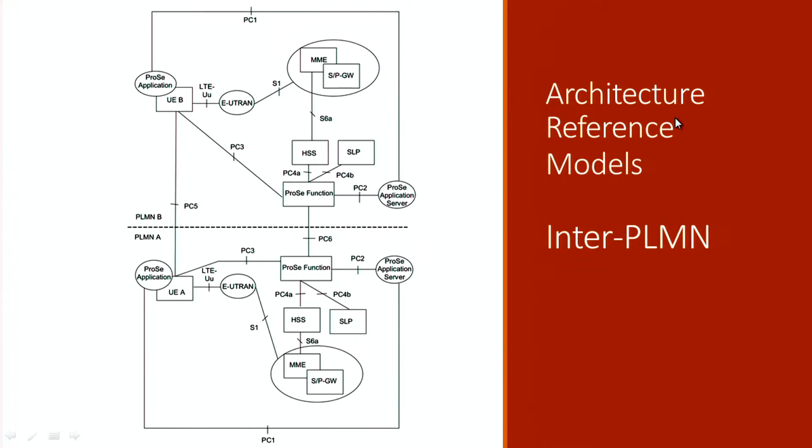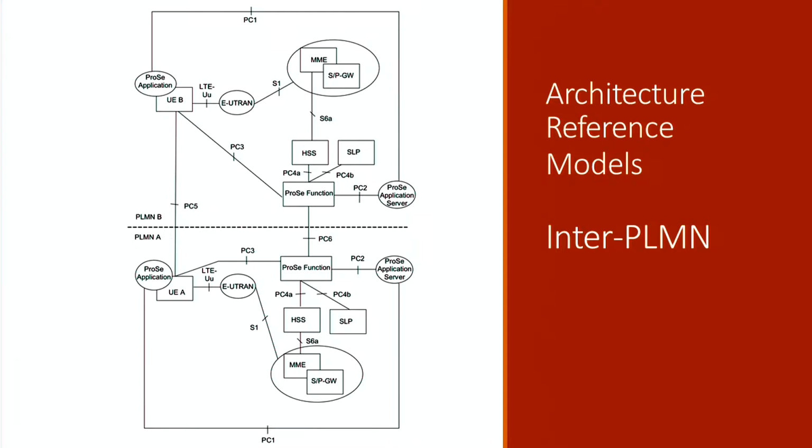Okay, this reference model shows, for example, what is the communication between two user equipments on the PC5 interface, if these two terminals are subscribers to two different operators. The whole point of device-to-device communication is to allow also inter-operator communication.